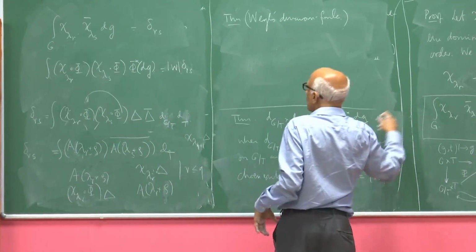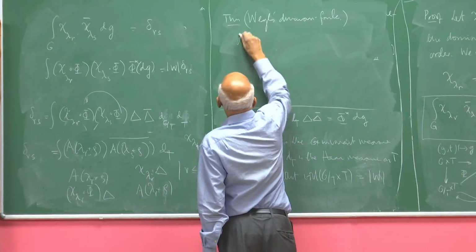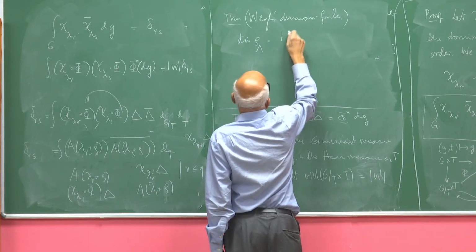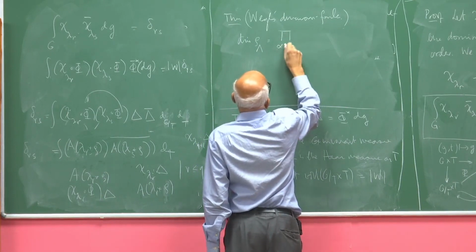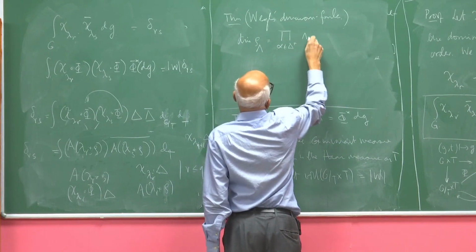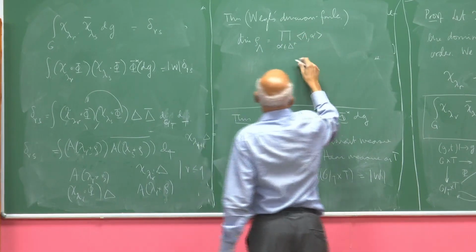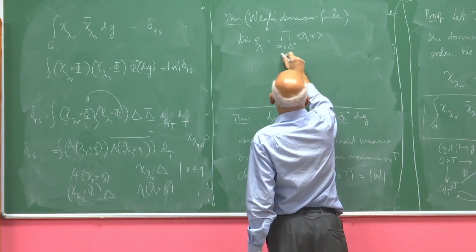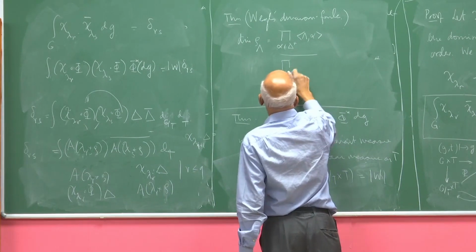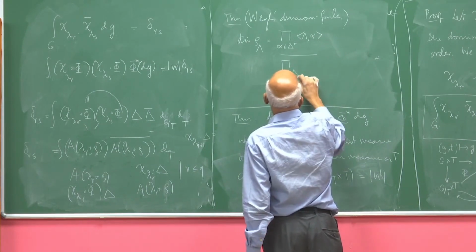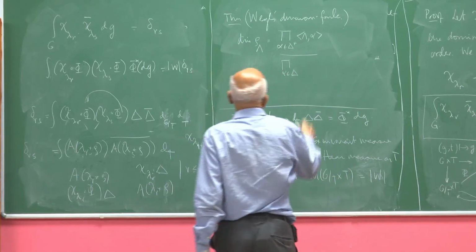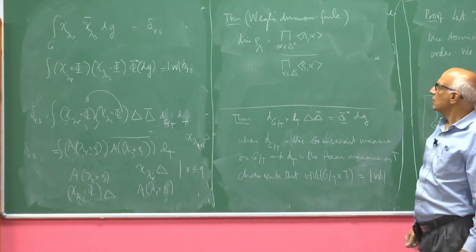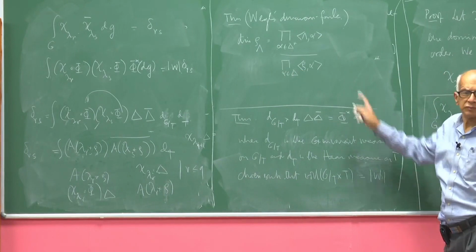Okay, the Weyl dimension formula says the following: the dimension of rho lambda is given by the product over positive roots alpha in delta plus of the pairing of lambda plus rho with alpha. That is the dimension of rho lambda given by this formula.